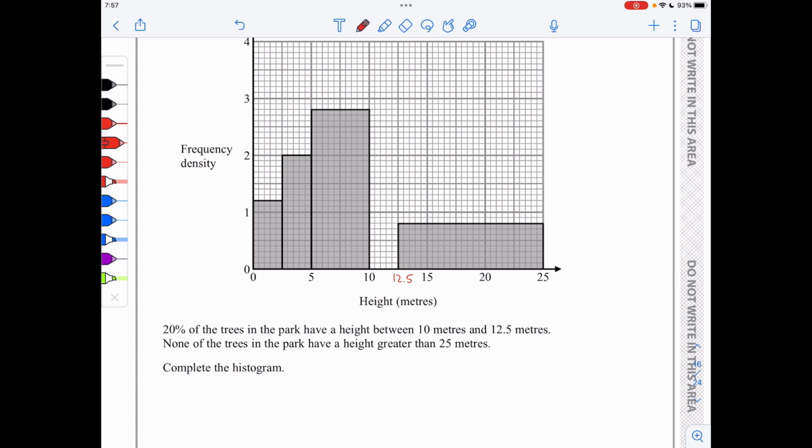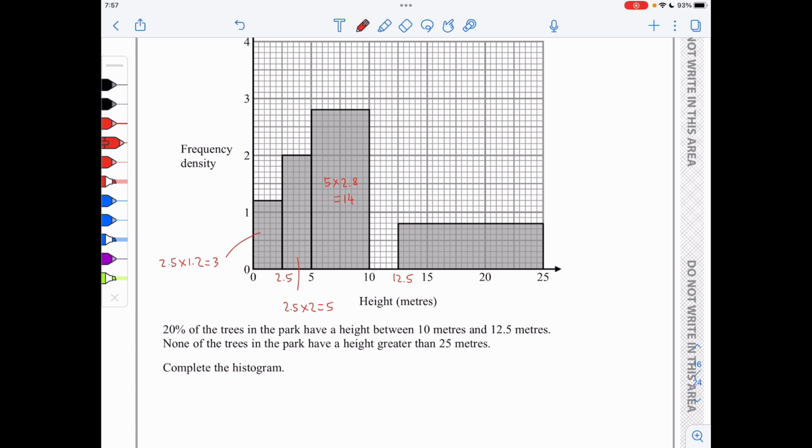So the first one goes from 0 to 2.5 and has a height of 1.2. So 2.5 times 1.2 is equal to 3. The second one goes from 2.5 to 5. So it's going to be 2.5 times a height of 2, which is 5. Then it's 5 times 2.8, which works out to be 14.